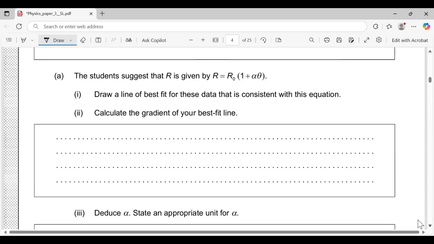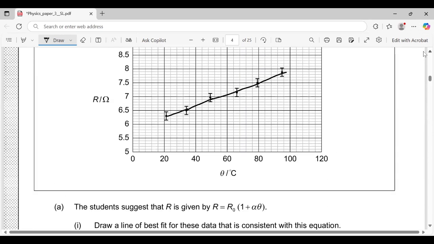Calculate the gradient of your best fit line. Okay, the gradient we can get through delta R over delta theta. Delta R you can find through this point, which is 7.9, and this point, which is 6.3.